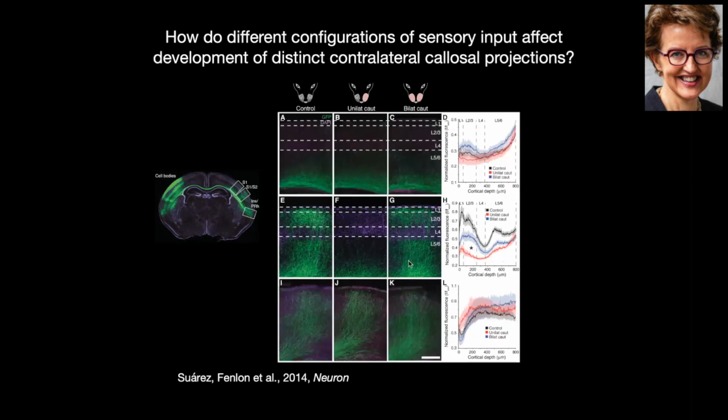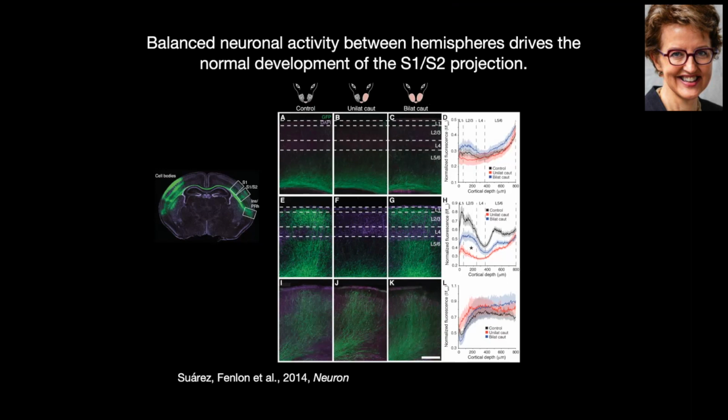What we found, though, was that this was very specific to the projection to the S1, S2 border and did not occur in the projections into S1 or into this insular perirhinal region. So this balance of activity coming into the cortex on either side is really crucial for the formation of this S1, S2 callosal projection.